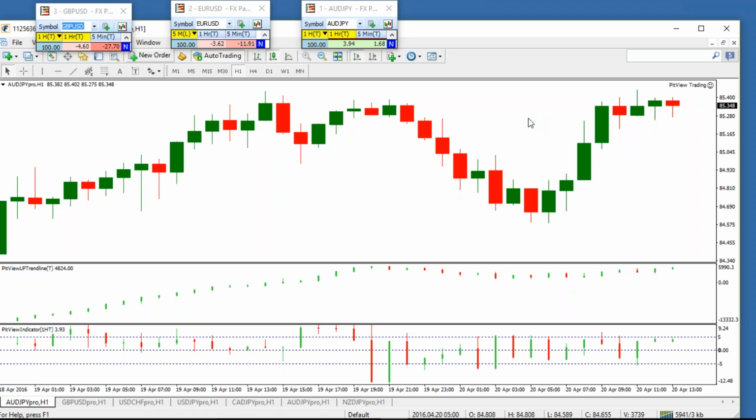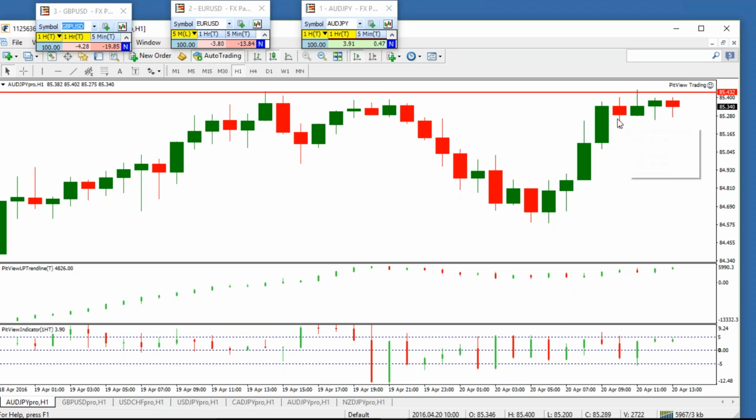Oil's down today, so with commodities, the CAD sold off a little bit in the last couple of hours. But on this one, Aussie yen, we got our little retracement, but it's still been pretty range bound. Now that it's made a higher low, you can see it's hitting its head right up here off this resistance level.